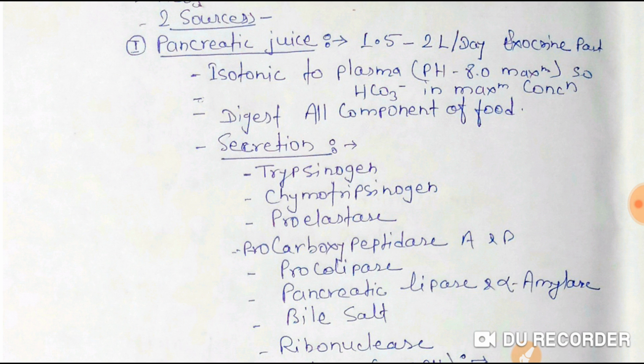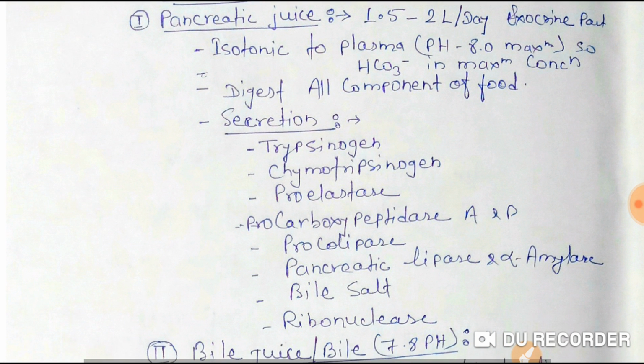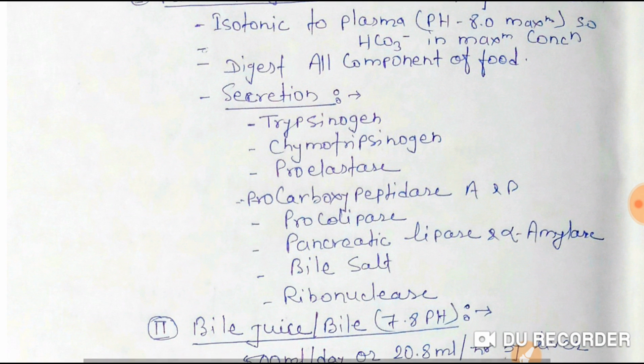Then the stimulant for the secretion of the pancreatic juice is secretin. The pancreatic juice contains trypsinogen, chymotrypsinogen, proelastase, procarboxypeptidase A and B, procolipase, pancreatic lipase, alpha amylase, bile salt, and ribonuclease.